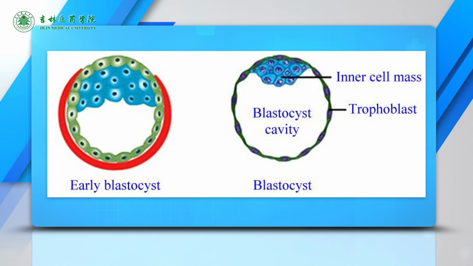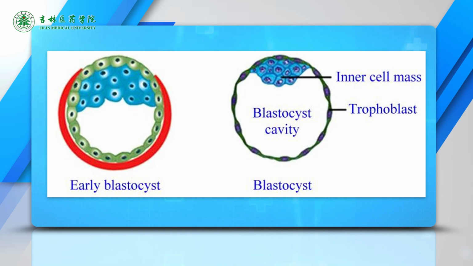These are early and late blastocysts. It can be seen that there is a residual zona pellucida outside the early blastocyst, but not in the late one. After the complete formation of the blastocyst, there are 3 parts of the structure.